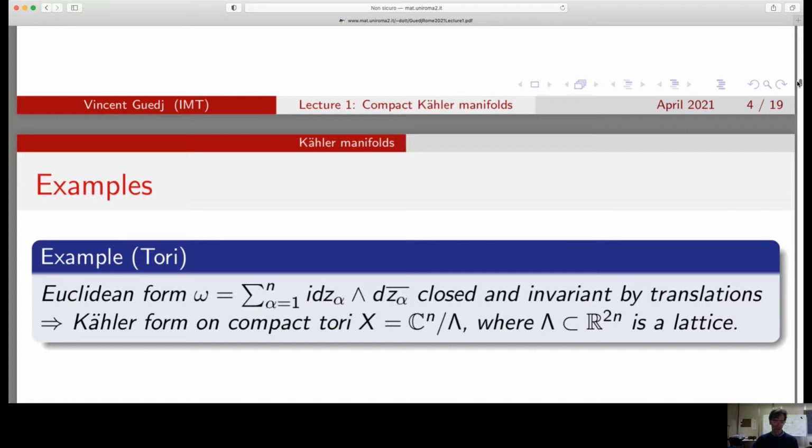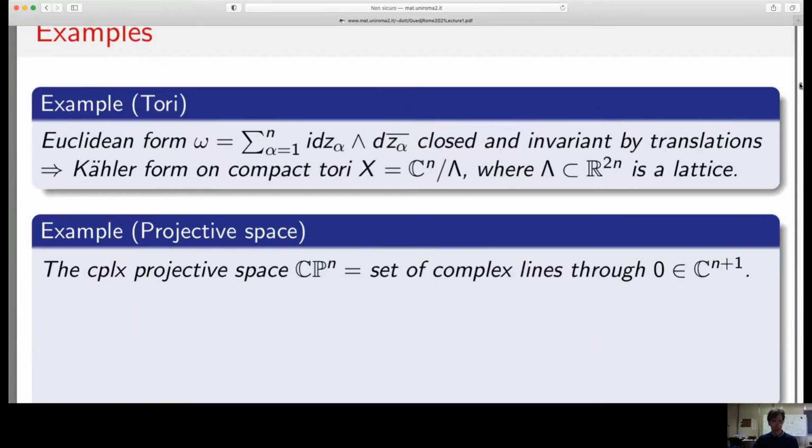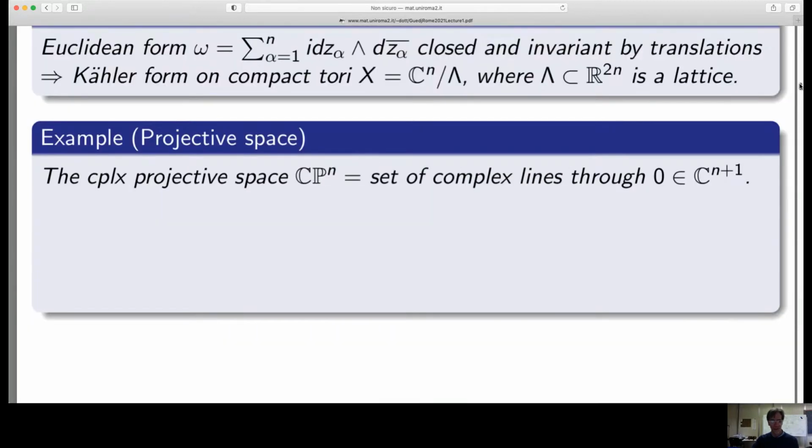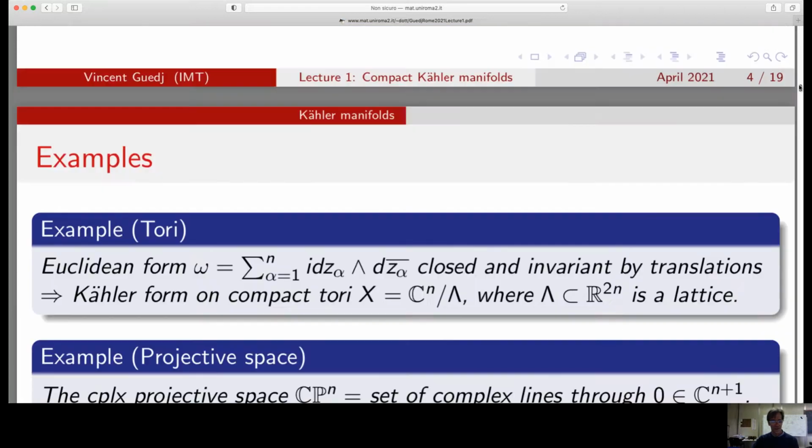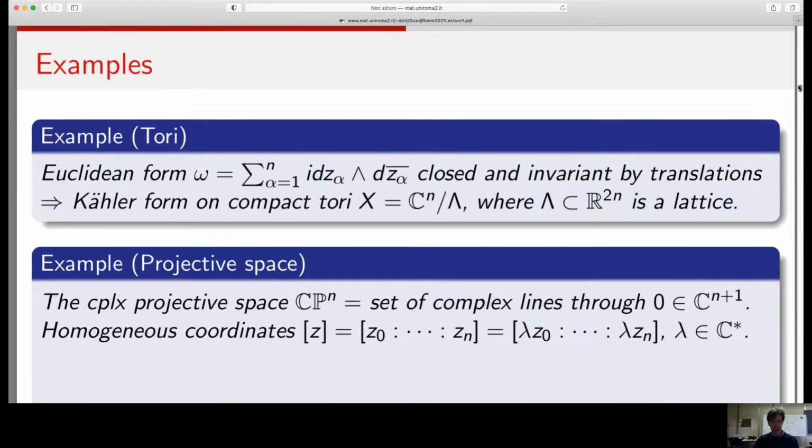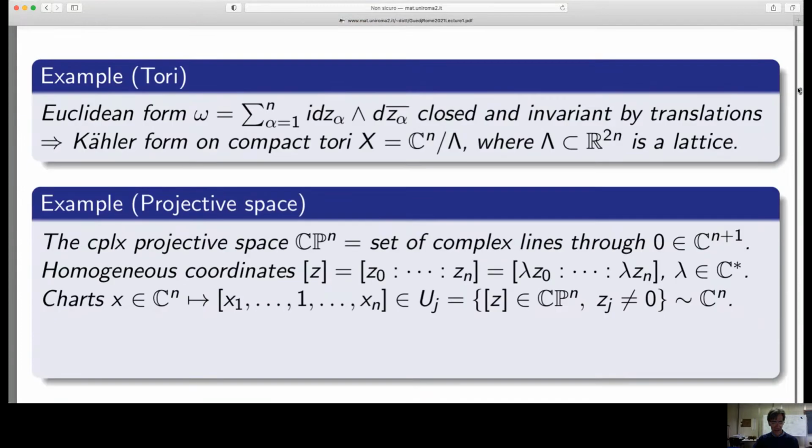A Kähler manifold is a manifold which admits at least one Kähler metric. Now the complex projective space CP^n is also a Kähler manifold, and the Kähler metric is the so-called Fubini-Study metric, which is defined locally in the following way. Suppose that you have homogeneous coordinates Z0, ..., Zn, and you set Zj equal to 1, so that you have charts x1, ..., xn with the 1 at the jth position.